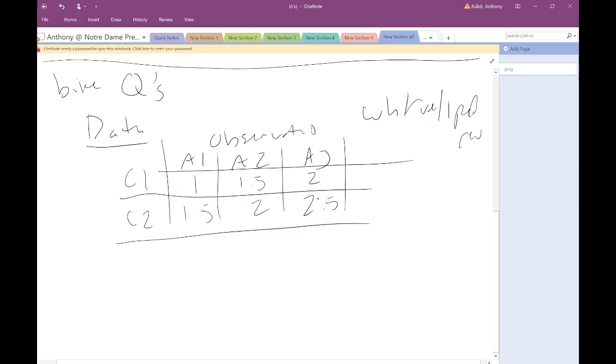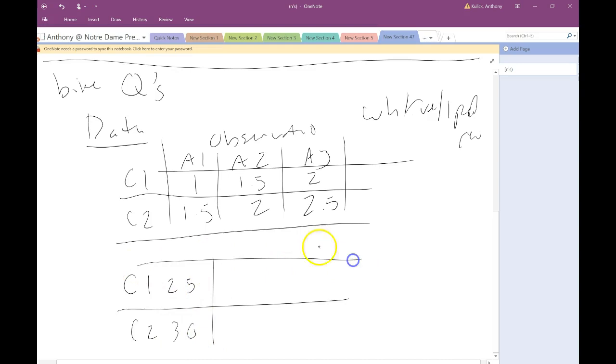So maybe you observe something like this, and then let's see, what else did we observe in the lab? We counted the teeth, right? So maybe we had a table here with the teeth in it.